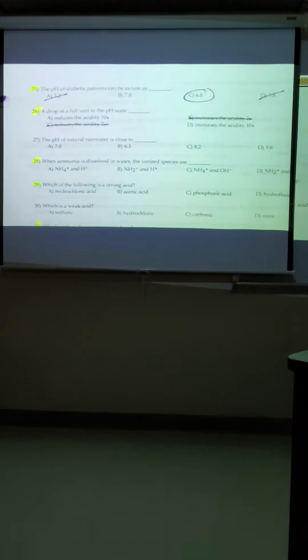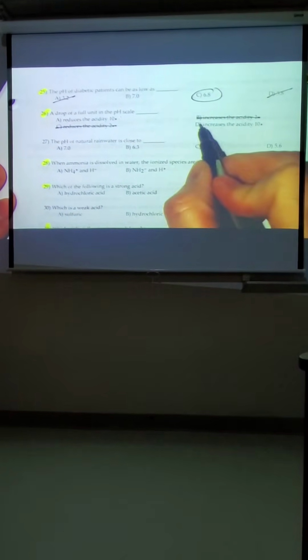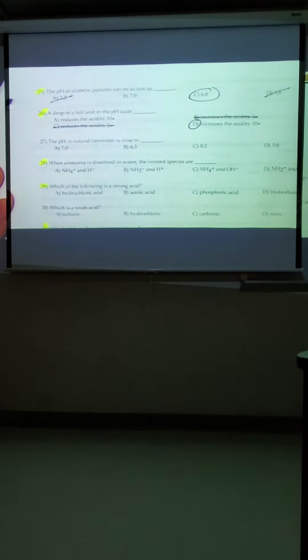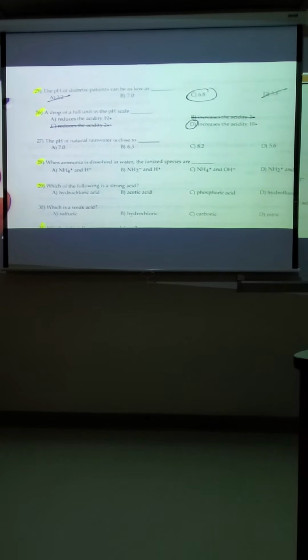So a full unit just means 1 unit. If it were 2 units, it'd be 100 times, 3 units, 1,000 times, and so forth in that power of 10 idea. So if we're dropping a full unit, that'd be like saying we're going from 7 to 6. 7 is neutral, 6 is acidic, so we're going to be increasing our acidity as we drop units in the pH scale. So acidity increases 10 times as we drop, say, from 7 to 6.